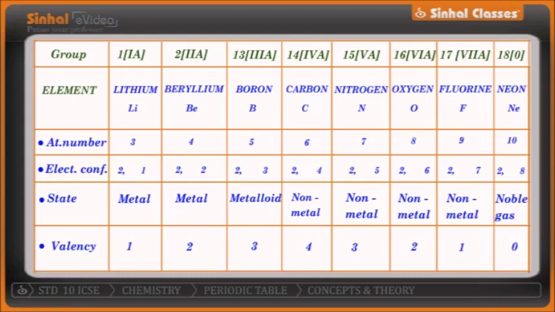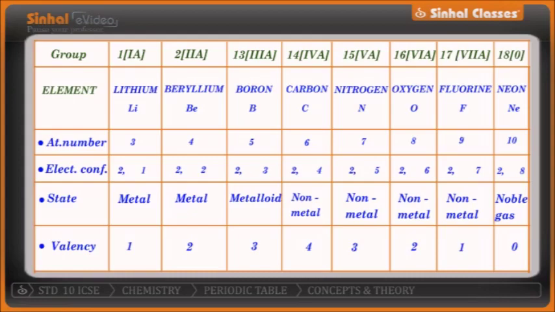The atomic number starts from 3, 4, 5, 6, 7, 8, 9 and 10. So the electronic configuration will be, for lithium 2, 1, beryllium 2, 2, and in case of boron it is 2, 3, then carbon 2, 4, nitrogen 2, 5, oxygen 2, 6, fluorine 2, 7 and neon 2, 8.